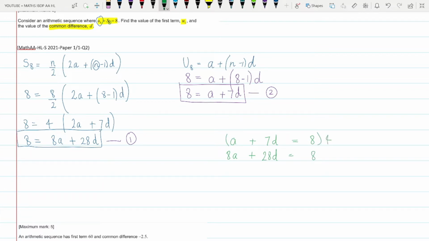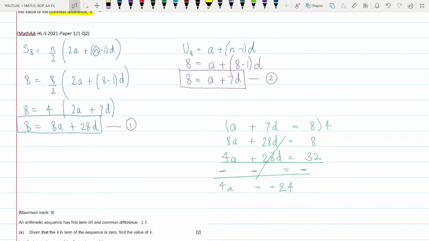Multiply the first equation by 4: 4a plus 28d is equal to 32. Subtracting, 4a is equal to 8 minus 32, which is minus 24. A is minus 24 divided by 4. So a is minus 6.